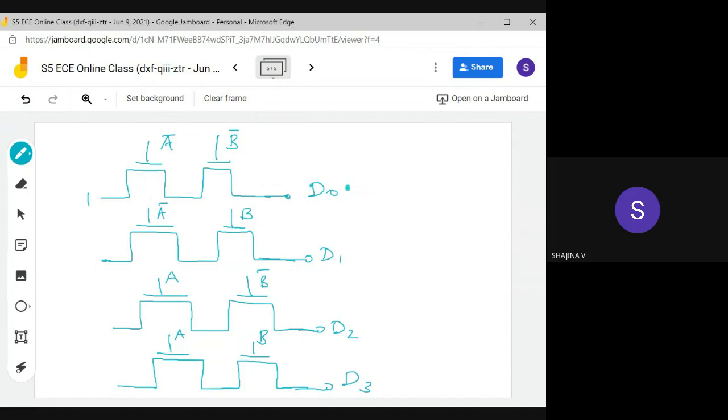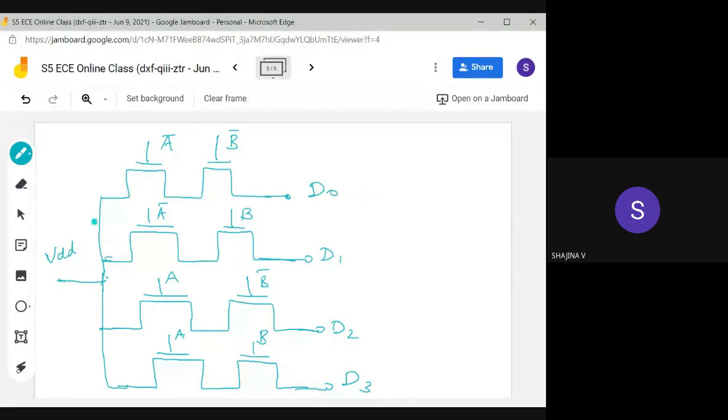So D0 എന്തായാലും lower തന്നെയായിരിക്കും by default. Okay. So നമുക്ക് വേണ്ടതെന്ന് വെച്ചാൽ ഓരോ കോമ്പിനേഷൻ സെലക്ട് ചെയ്തതിന് കറസ്പോണ്ടിങ് ആയിട്ട് we have to pass the logic 1 to the output. Okay. So I can give a logic high value, that is VDD, or logic 1 to the input terminal. Okay, so to the input terminal, I can give a logic high value.